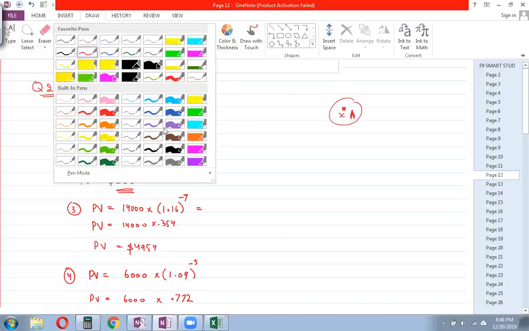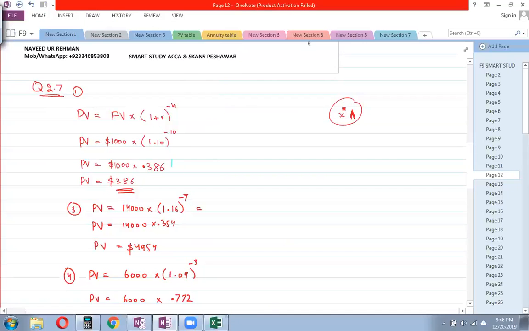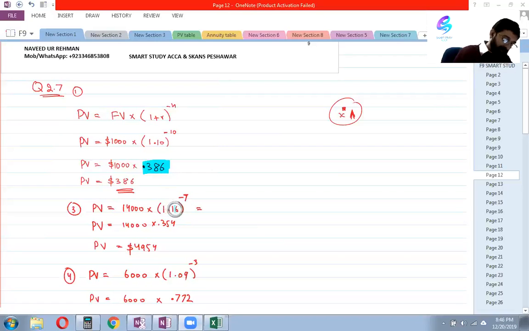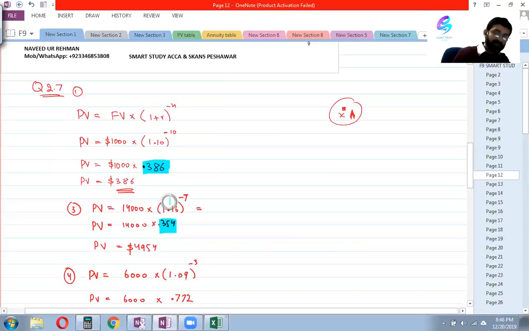So you have the discount rate of 10% after 10 years, and the value is 0.386. When you have a discount rate of 16% after 7 years, you have 0.357. I wanted to do it separately in steps rather than multiplying it directly in one step.